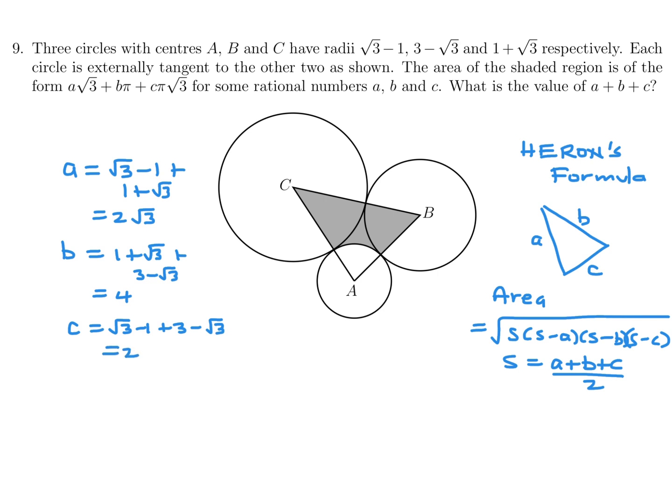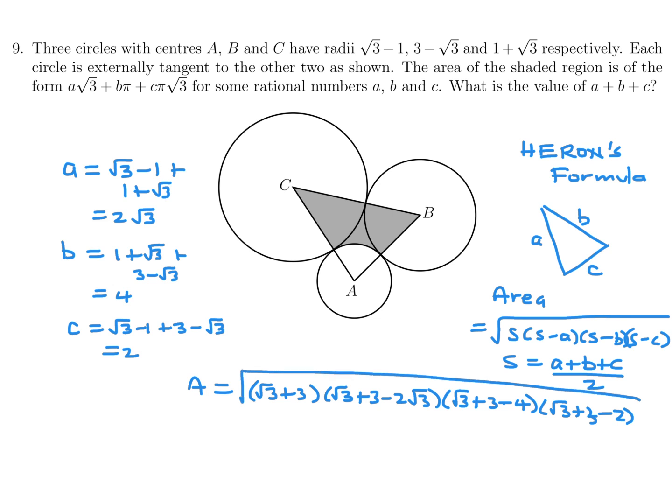So if I put that into Heron's, it would be root 3 plus 3 times root 3 plus 3 minus 2 root 3 times root 3 plus 3 minus 4 times root 3 plus 3 minus 2, all under the square root sign.